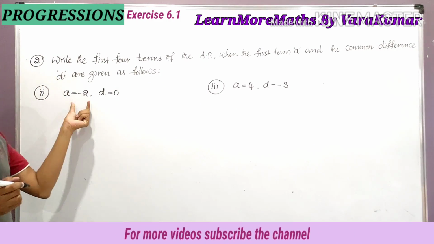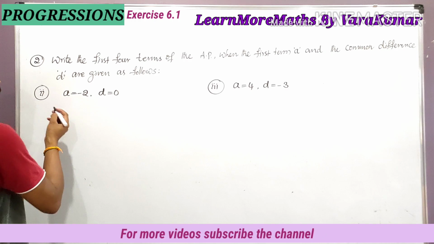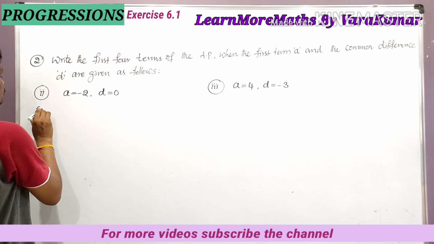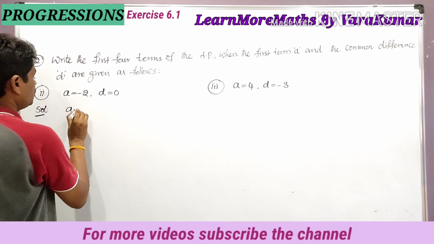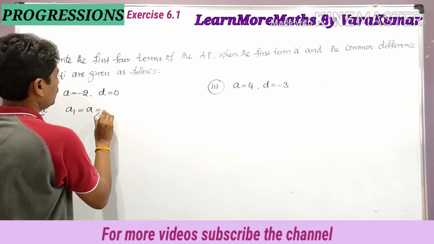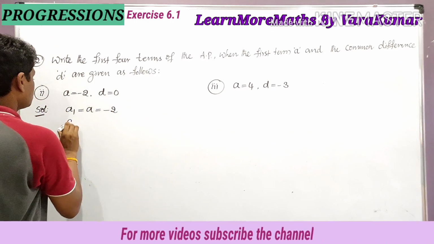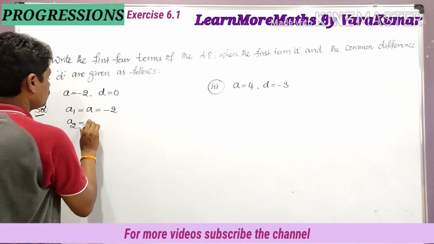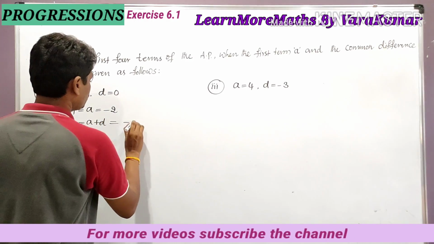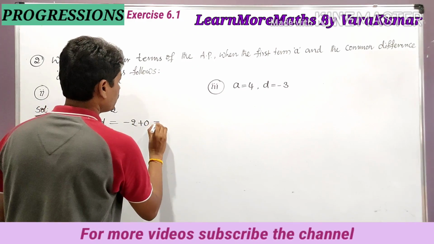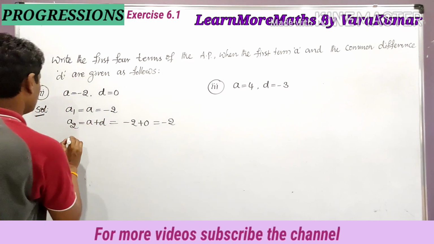He has given a equal to -2, d equal to 0. He is asking us to find the first 4 terms. So see student, how can we find? First term a1, which is a only, is equal to -2. Second term a2 is equal to a plus d. So a value is -2, d is 0, -2 plus 0 is -2.